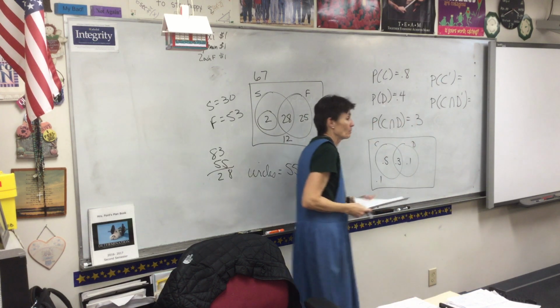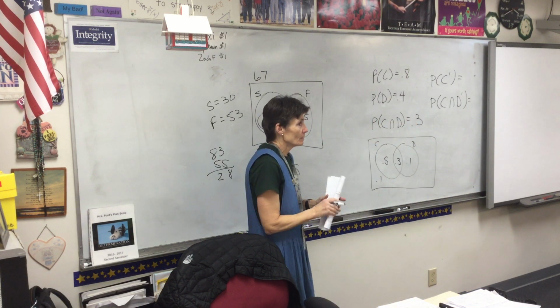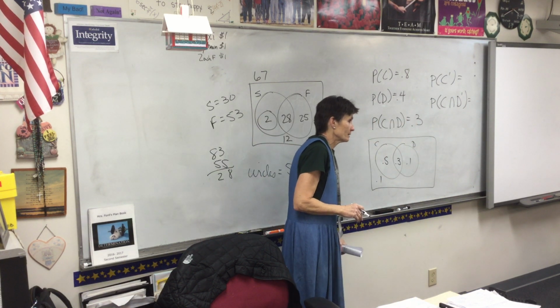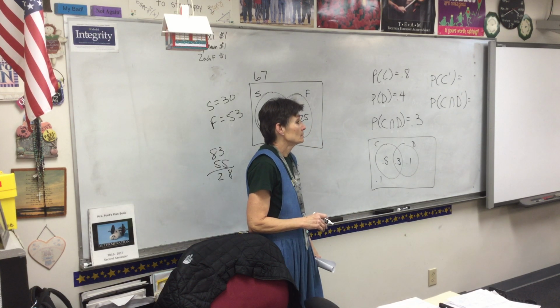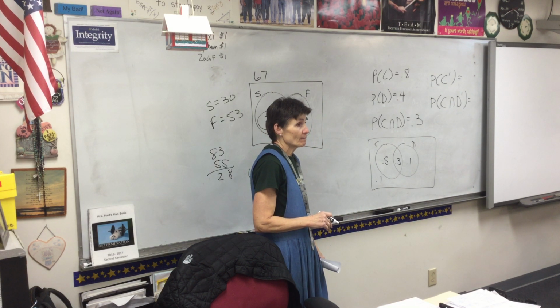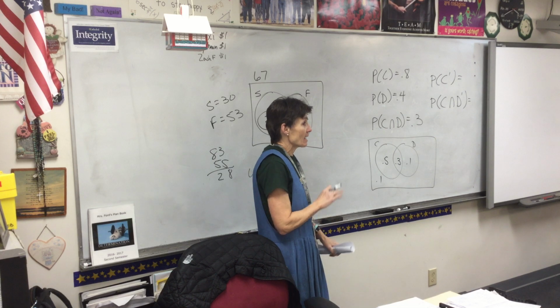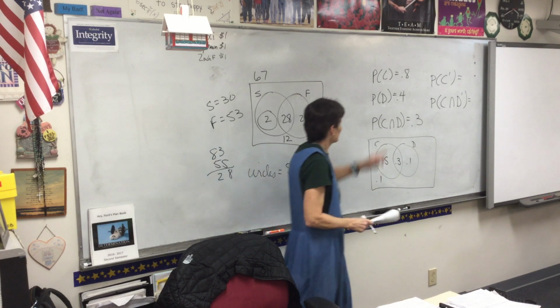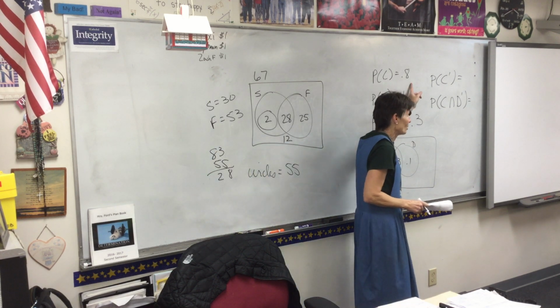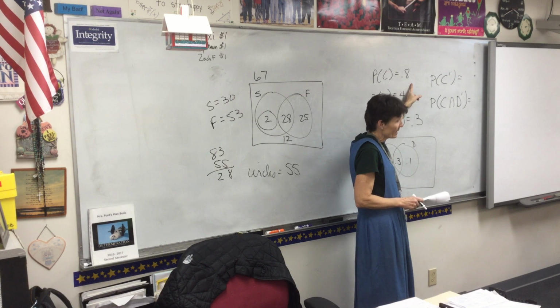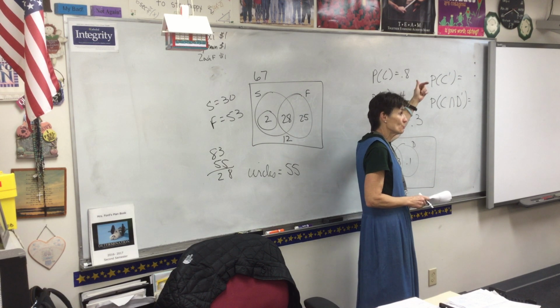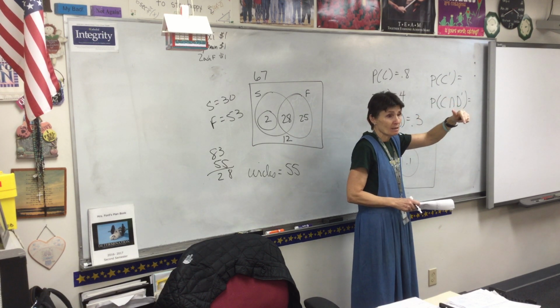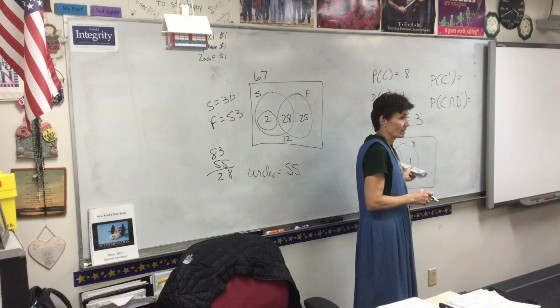All right, what does that top one mean? You don't like coconut. Now this is really simple. If the probability you like coconut is 0.8, then the probability you don't like coconut is 0.2. You don't need a diagram.